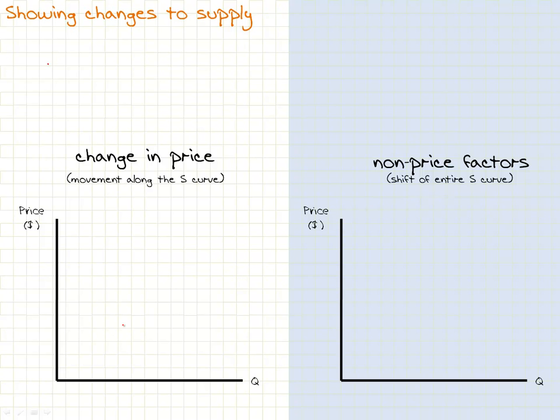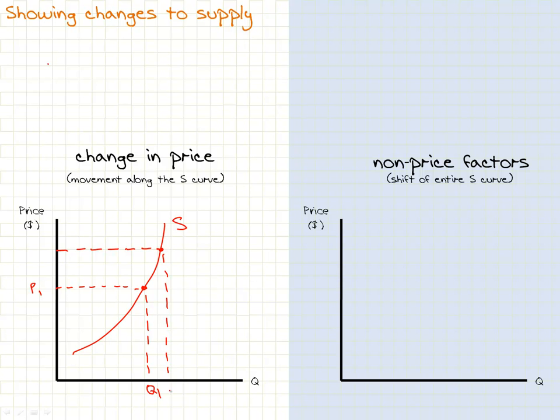the entire curve. So if we draw a supply curve and we put a market price on there, and we're going to keep it really simple, we're going to just make it P1, and the resulting quantity is Q1. Now if the price goes up, firms are willing to supply those extra goods because the price now matches their extra marginal cost of production.